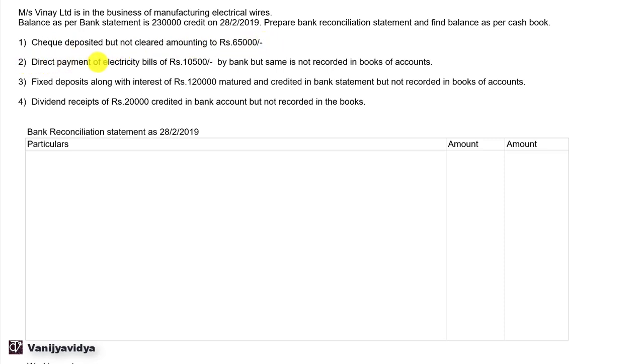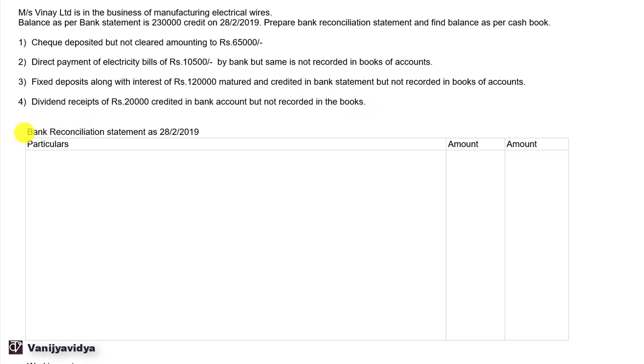Second, direct payment of electricity bills of rupees 10,500 by bank but the same is not recorded in the books of accounts. Third, fixed deposit along with the interest of rupees 1,20,000 matured and credited in bank statement but not recorded in the books of accounts. Fourth, dividend receipts of rupees 20,000 credited in bank account but not recorded in the books.